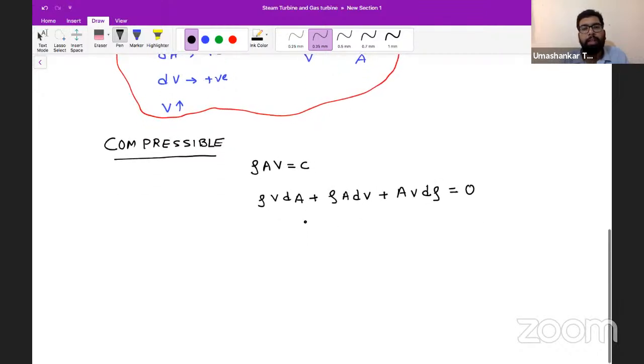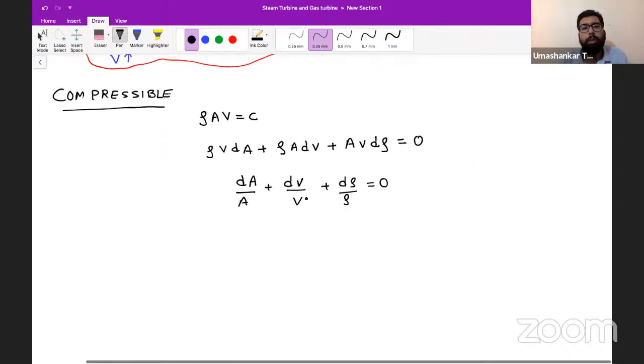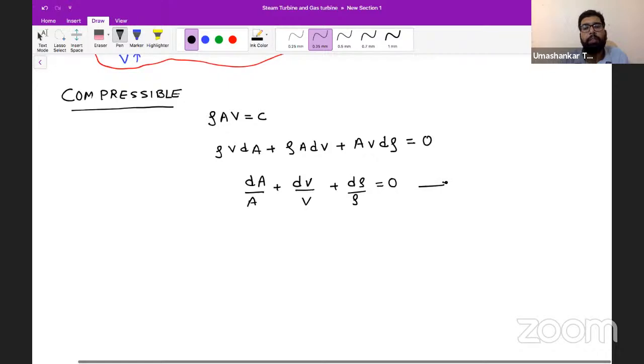If I divide this equation by rho A V, I can write dA by A plus dV by V plus d rho by rho. Yes or no? So dA by A plus dV by V plus d rho by rho is the differential form of the continuity equation valid for compressible flow. Very easily we have done it.